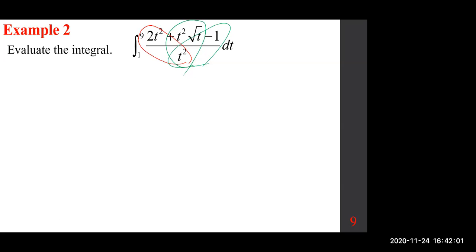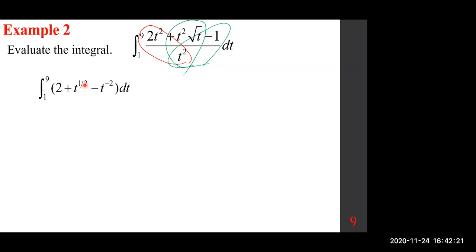This one, negative 1 over t squared, gives you negative t to the power of negative 2. Why are we writing it in this format? It makes it very easy to integrate. So one by one, piece by piece, term by term. 2 gives you 2t. T to the power of 1/2, okay?